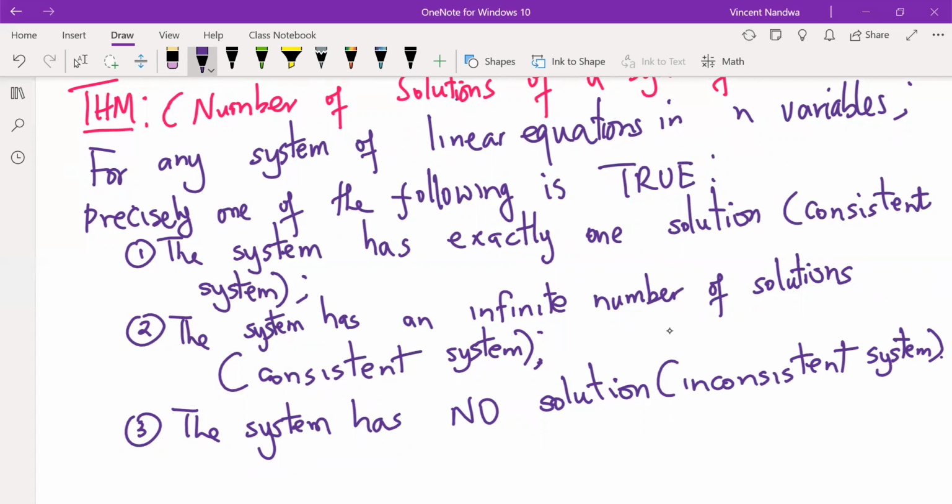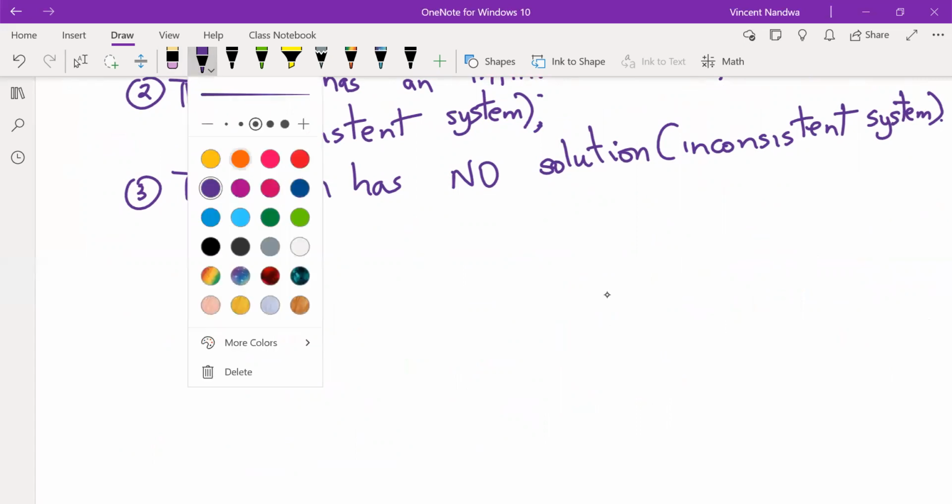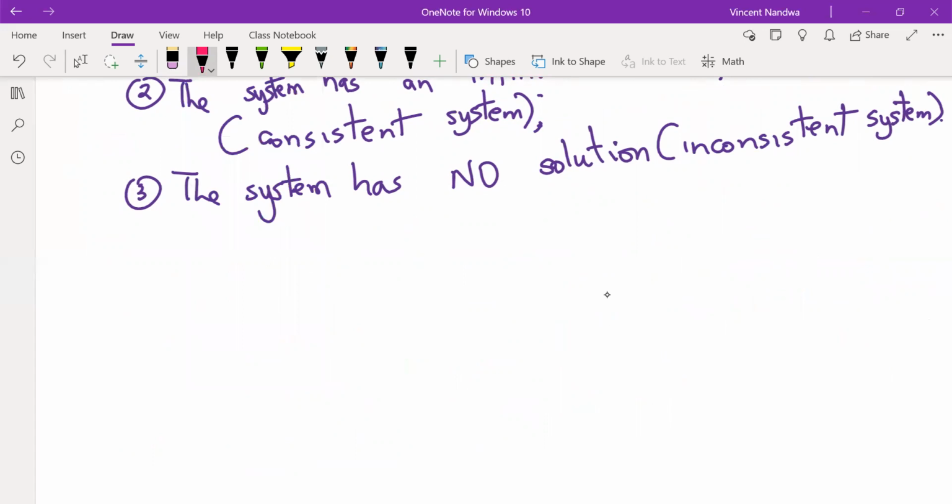So I can illustrate these possibilities using a system of two linear equations, because mostly that's what we are going to be focusing on in this course.